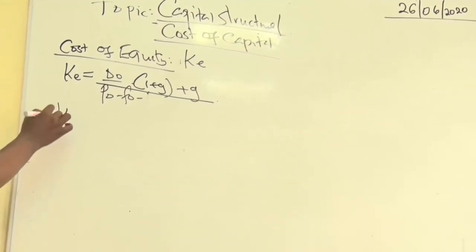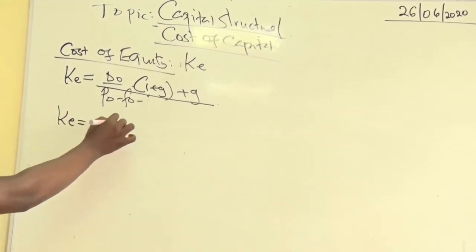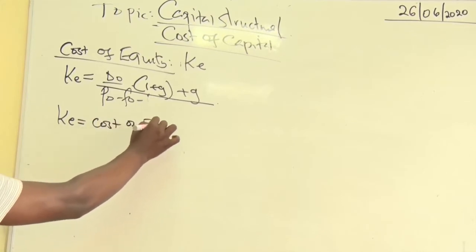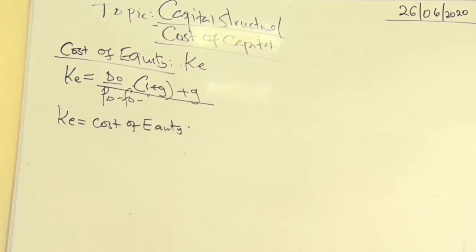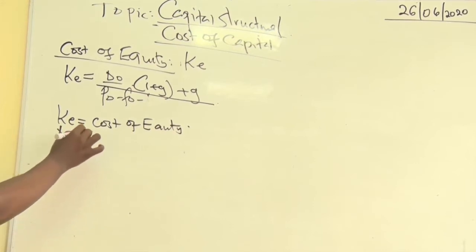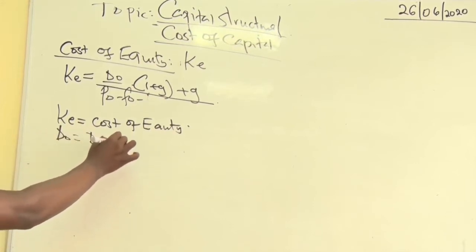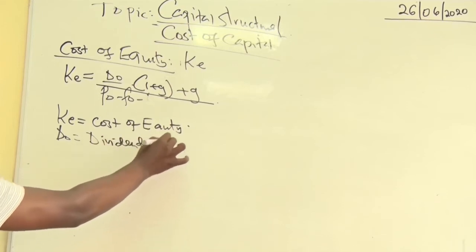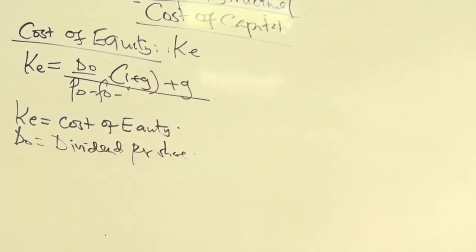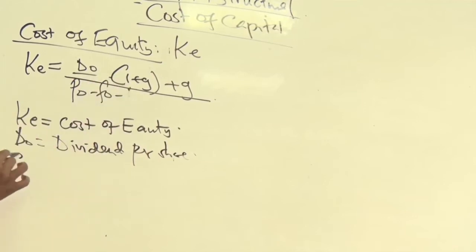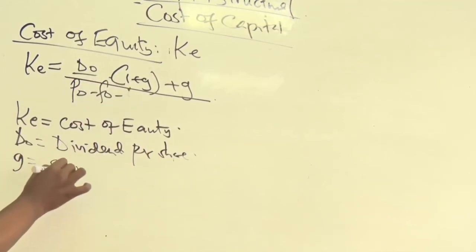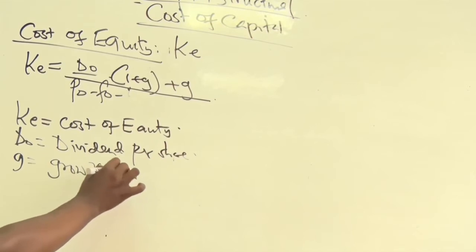In this formula, KE is the cost of equity, the cost of ordinary share. D0 is the dividend per share. G stands for the growth rate. Remember, sometimes the dividends grow.